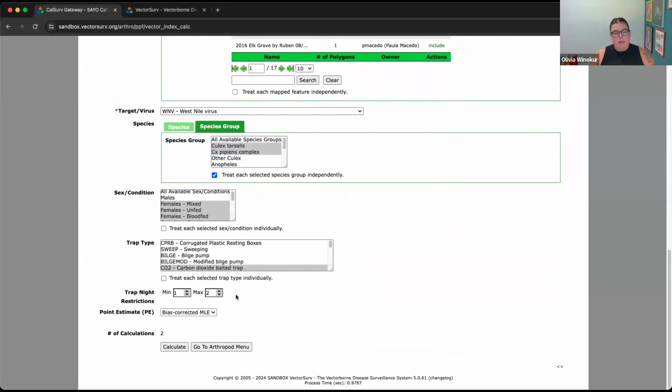The reason that is there is for you to exclude traps that may have run for longer.